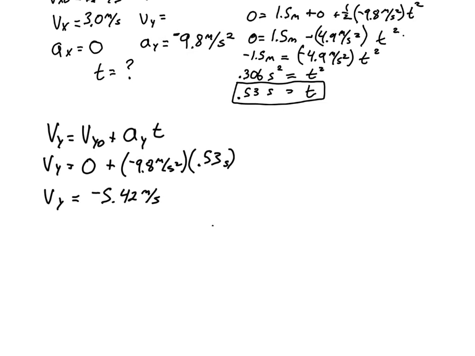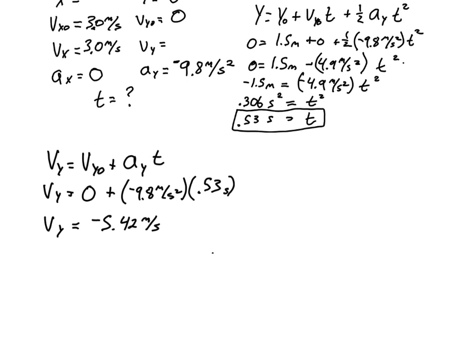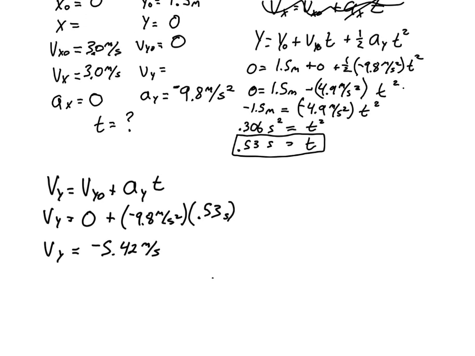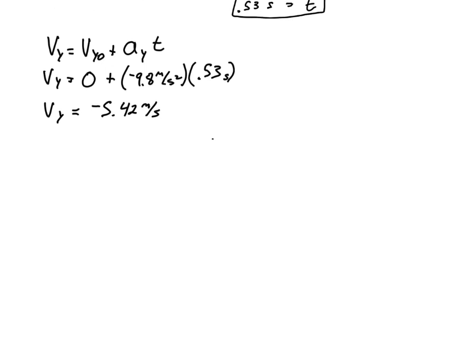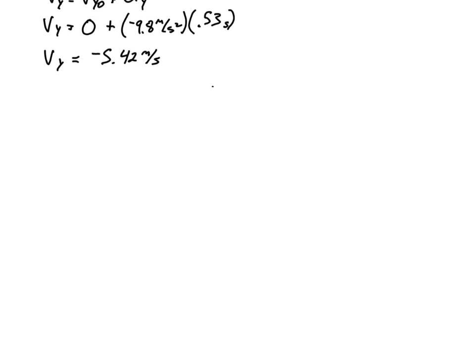All right, we want the overall velocity, the vector velocity here. So we have both an x and a y component at this point. The x component is 3 meters per second in the positive direction. The y component is 5.42 meters per second in the negative direction. So let's sketch this out. We have 3 meters per second in the positive x direction.